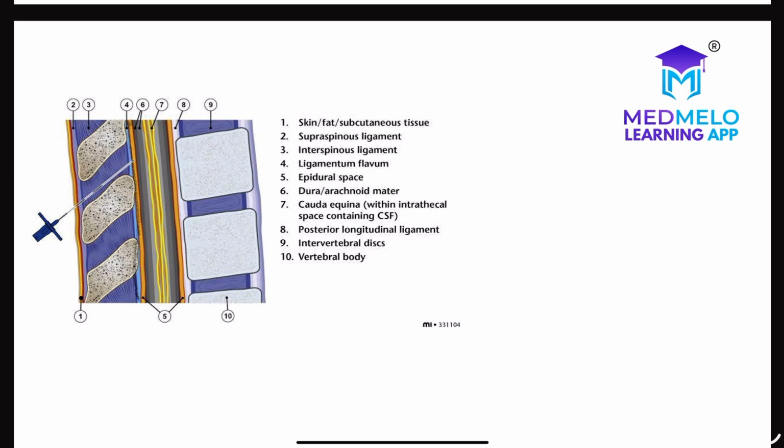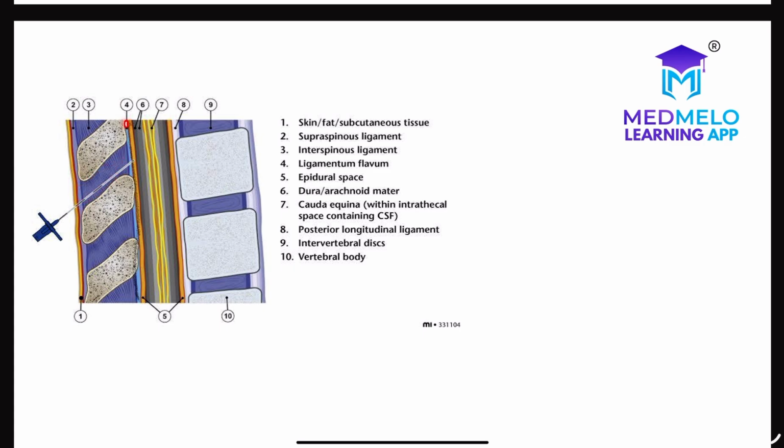First, the skin and subcutaneous tissue. Then we are cutting the supraspinous ligament. Next, the syringe is piercing the infraspinous ligament.